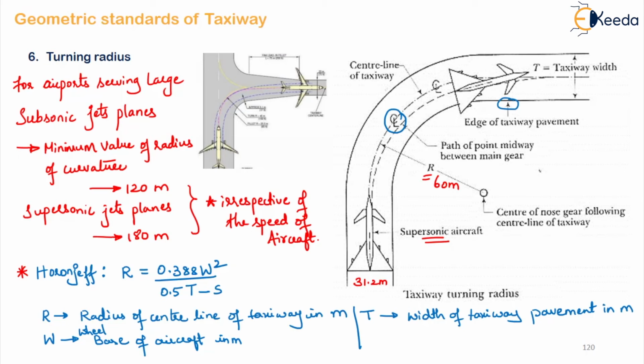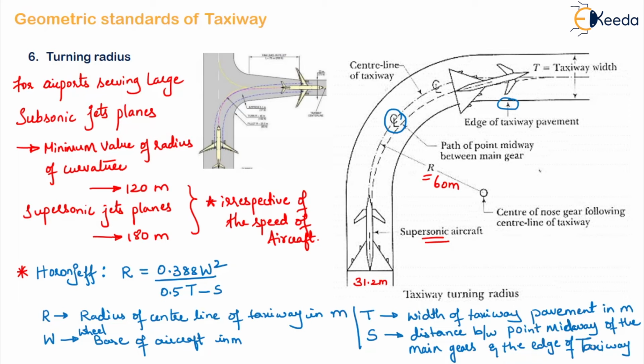And finally S is the distance between the point midway between the main gear and the edge of taxiway pavement. Again, this value is also in meters.